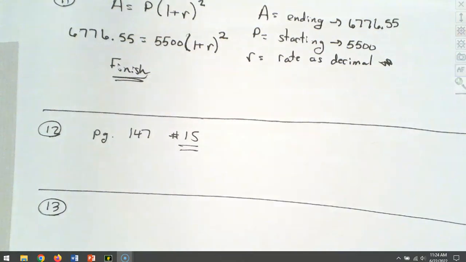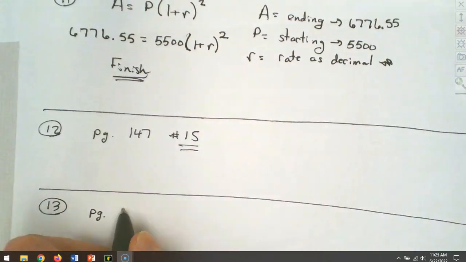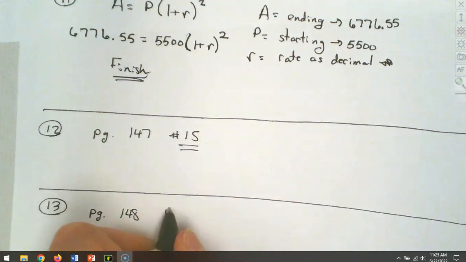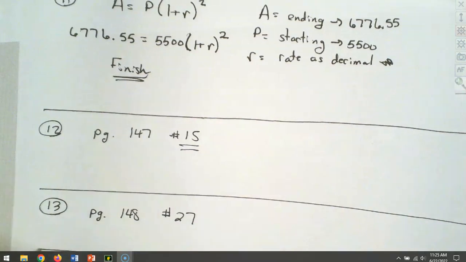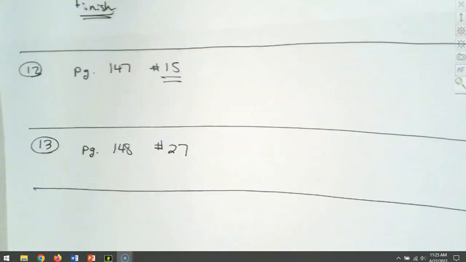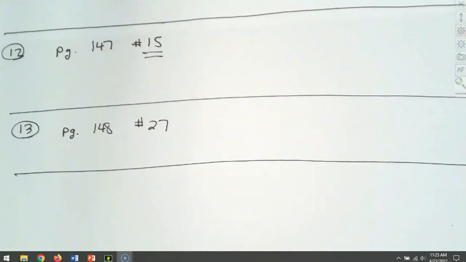And that's going to be on page 148. So page 148. Question number 27. Very, very similar, different numbers is all. So I don't want to set that one up because I want to leave it for you to work through, but very, very similar.